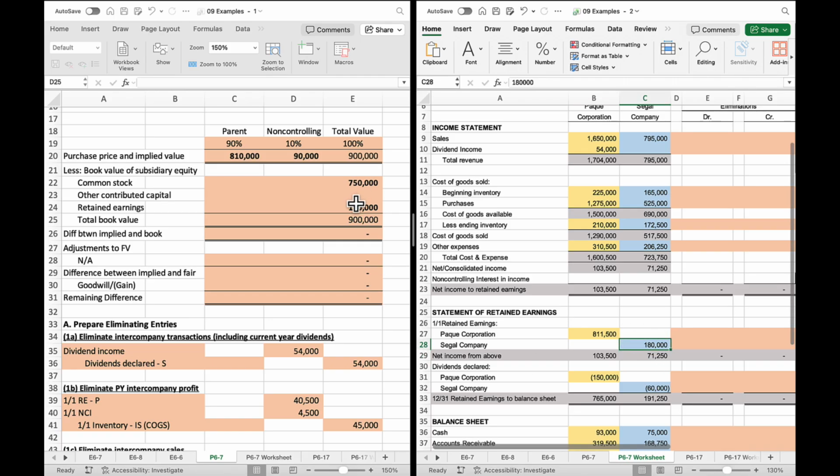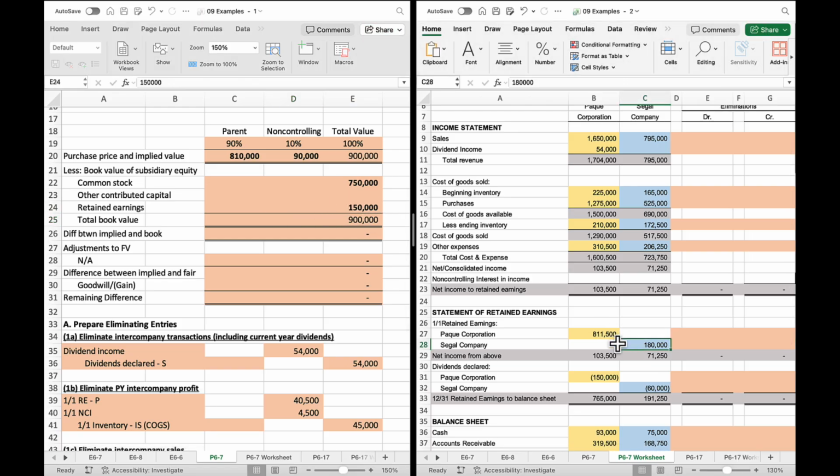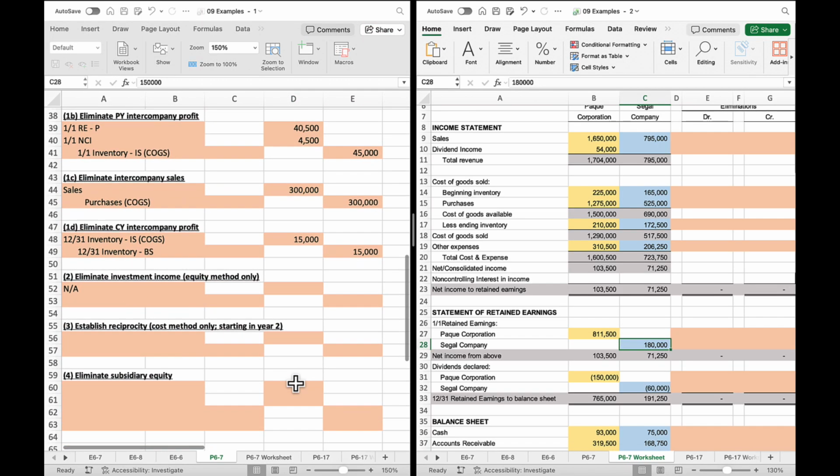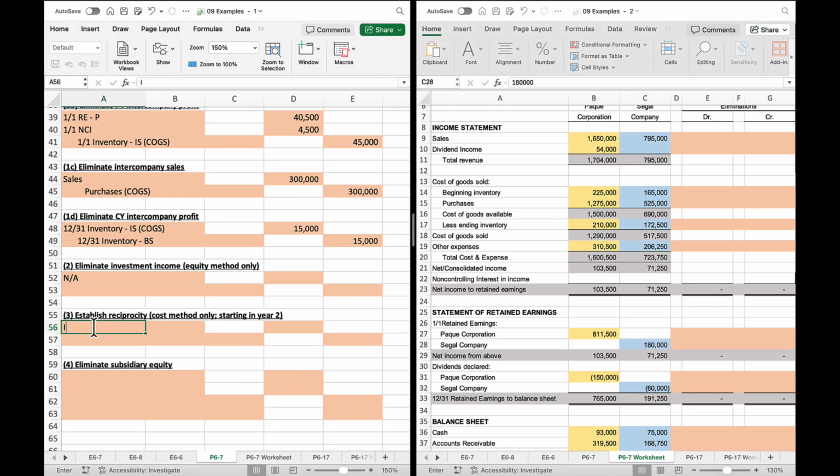So what we're comparing is the 150,000 that it was on the date of acquisition versus the 180,000 that it is at the beginning of this fiscal year. Since it increased, we're going to debit investment in S, and we're going to credit 1/1 retained earnings of the parent. Had it decreased, we would flip-flop our debit and our credit.